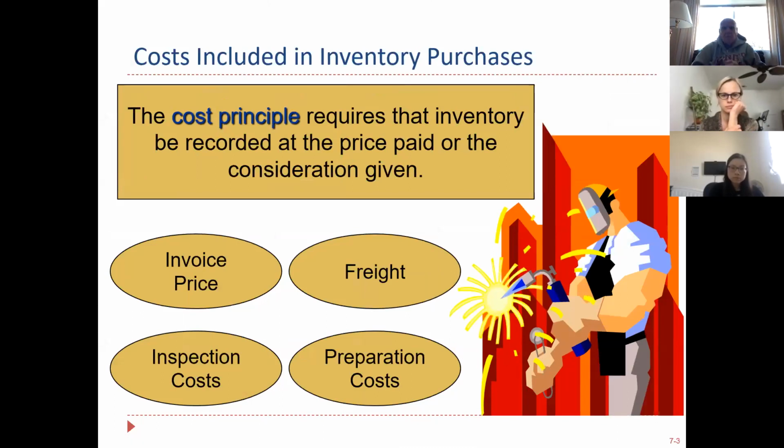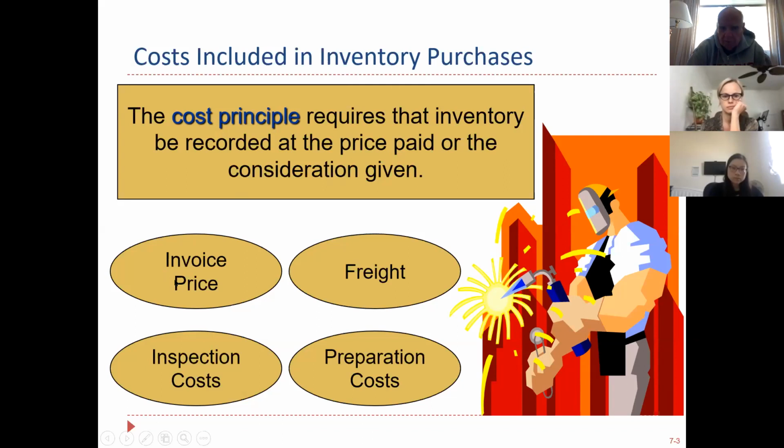Okay, the cost principle. The cost principle requires that inventory be recorded at the price paid or the consideration given. In other words, we should know that everything on our balance sheet, whether it's an inventory item or a prepaid expense or a factory building, is at the cost of that item. And that can include, of course, the invoice.